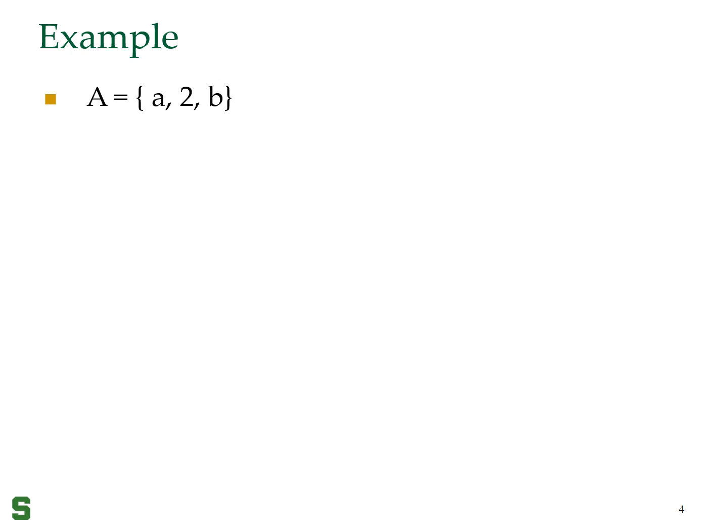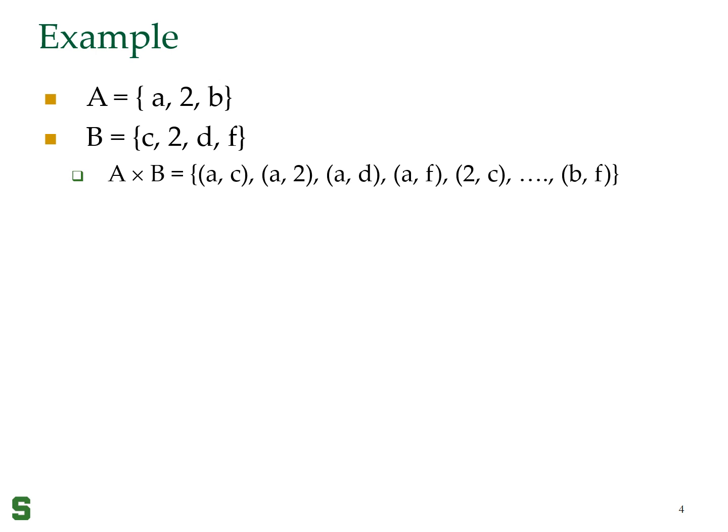So let's look at some examples. Let's say I have the set A that contains the letter A, the number 2 and the letter B. Now let's say B is a set that contains C, number 2, D and E. In this case, A cross B would be the pairs where the first element comes from A, the second element comes from B. And that means I will have pairs of the form AC, A2, AD, AE.